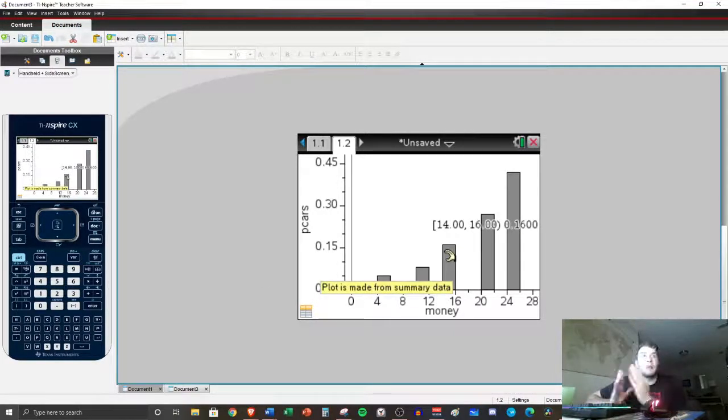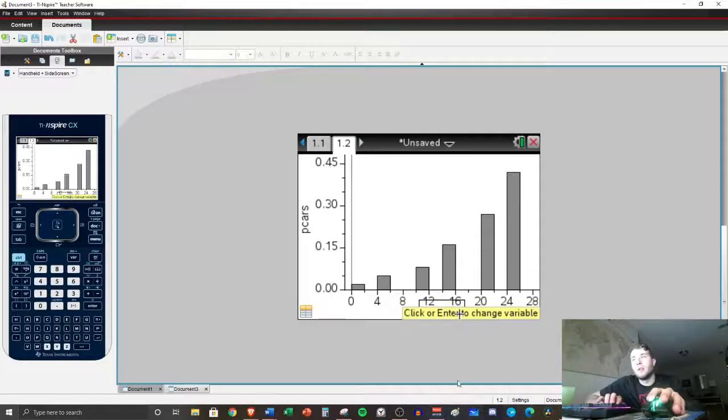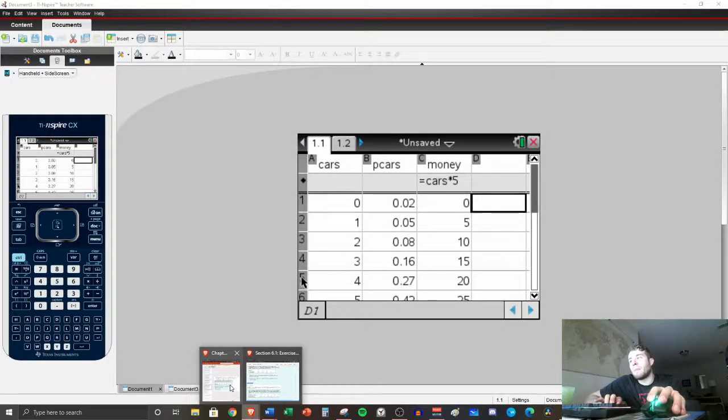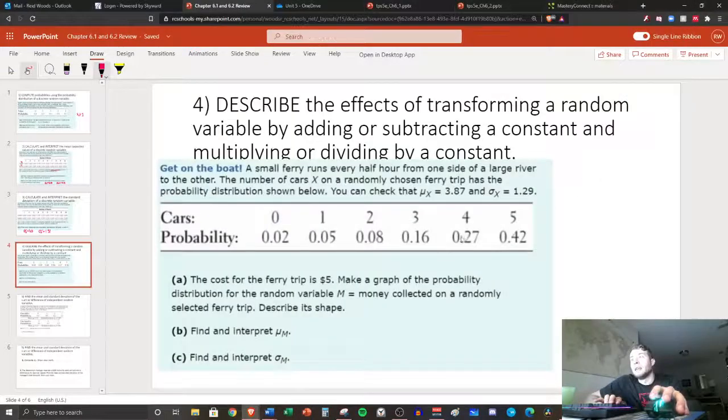Histograms are supposed to have no spaces in between them, but this is just going to give us the idea of what we get. This is more of a bar chart than a histogram, but that's okay. It's obviously skewed to the left. We would normally want to put this side by side for it to be a histogram, but at least we're getting a general shape of what it looks like. So let's go back to this.